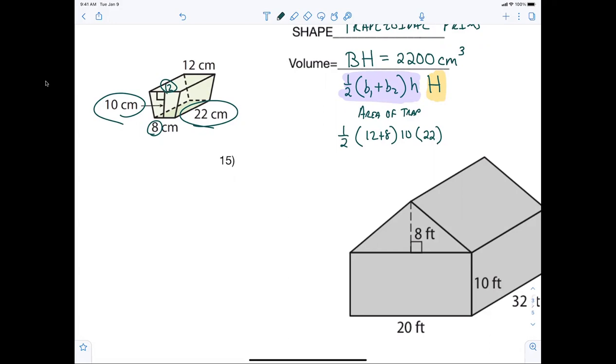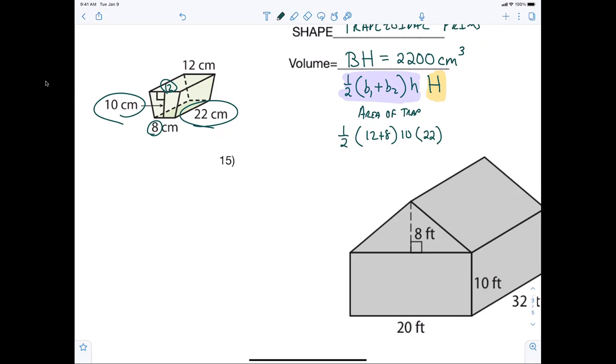Because you have to hit equal, or you have to put it in parentheses. The calculator knows order of operations. So type in 1/2, open parentheses, 12 plus 8, close parentheses, times 10 times 22. That's why you have to be careful.